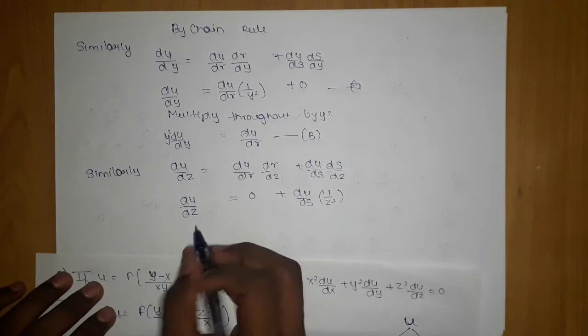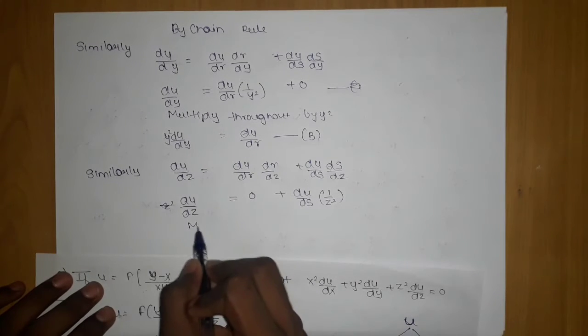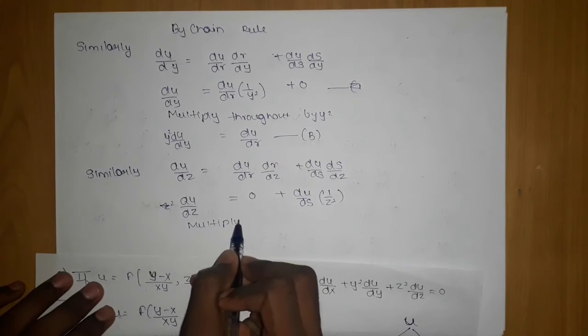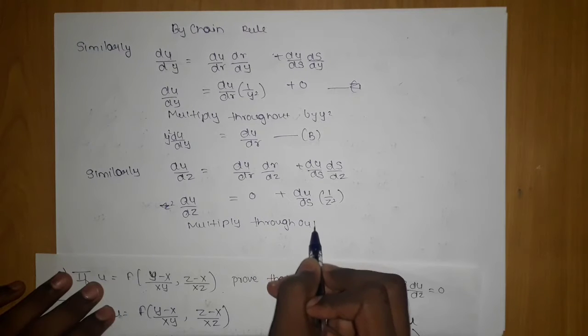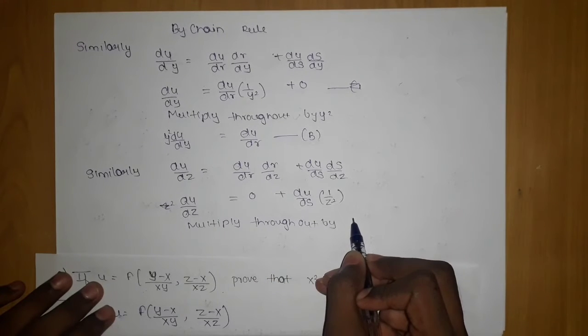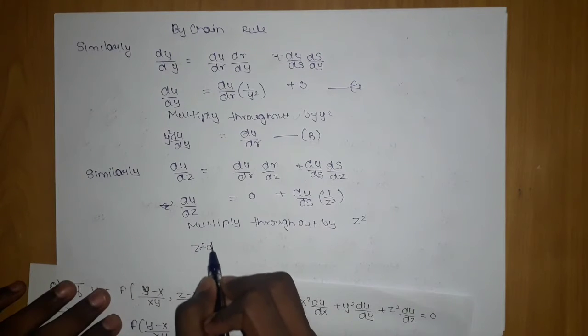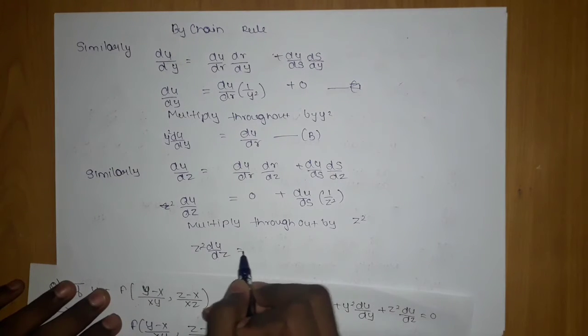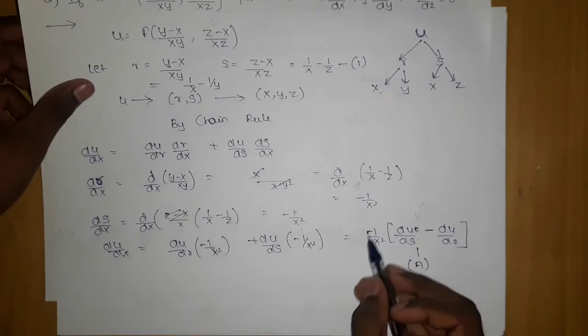Now if I multiply throughout by z square, I am going to get z square dou u by dou z is nothing but dou u by dou s. And if you remember, here we have kept it till x square only.